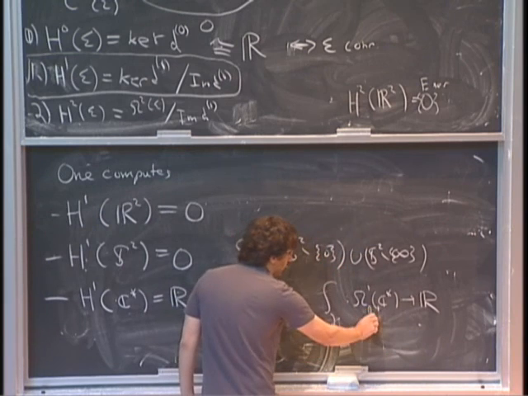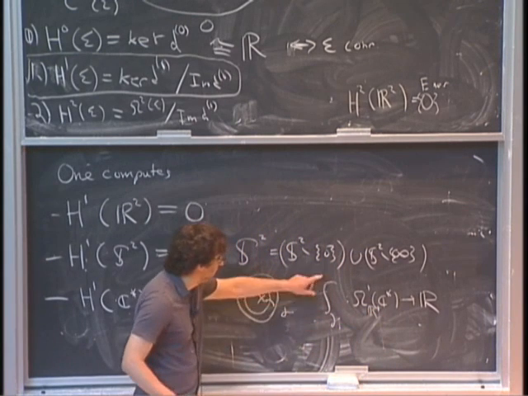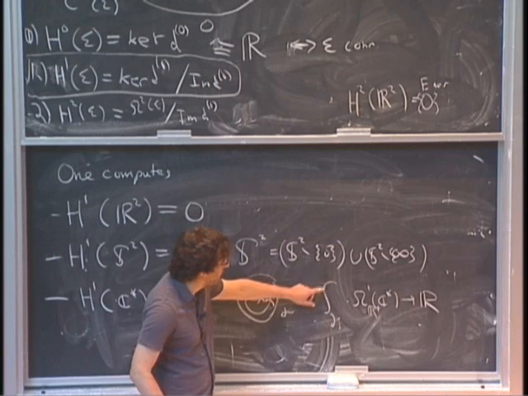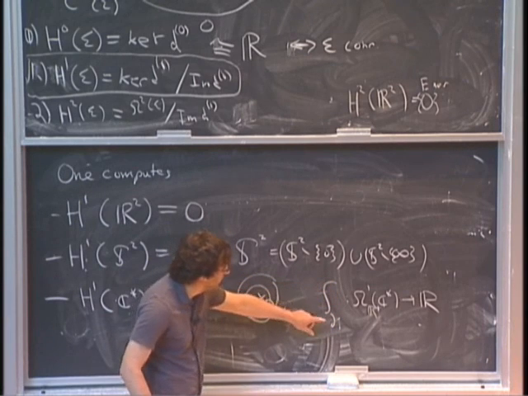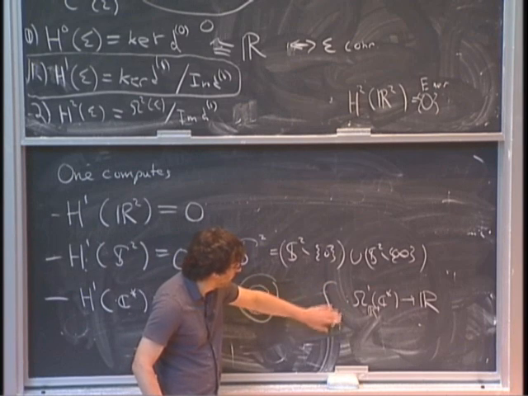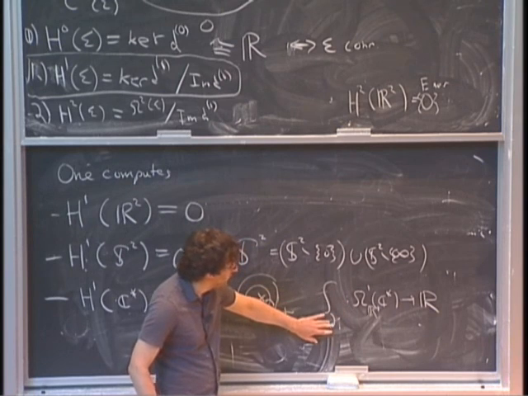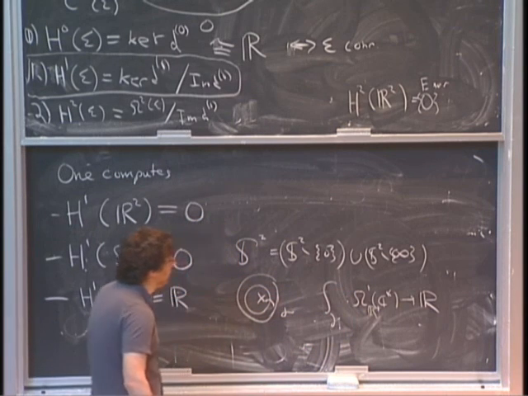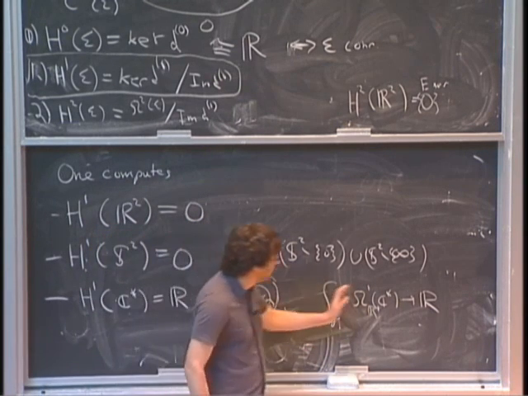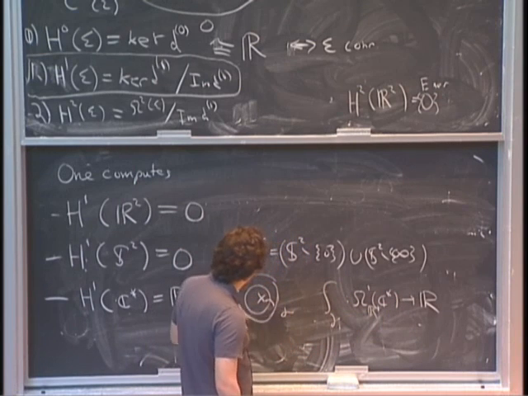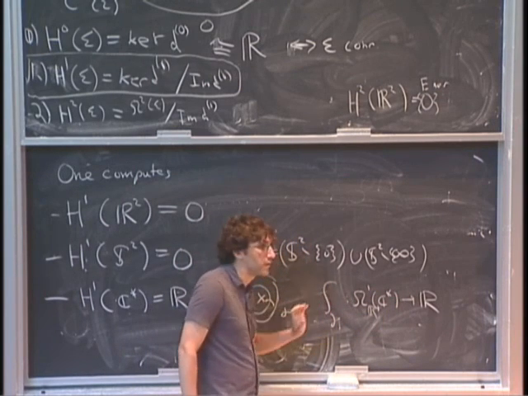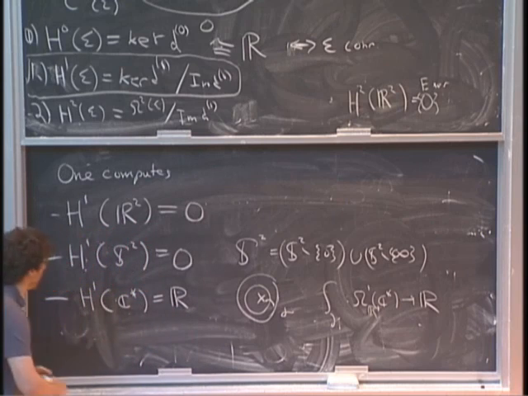These are real one forms. And you can check, almost by definition, that the integral of an exact one form over a closed curve is always 0. So then this is clearly a surjective map because we can just construct an example, and then you should convince yourself it's an injective map.